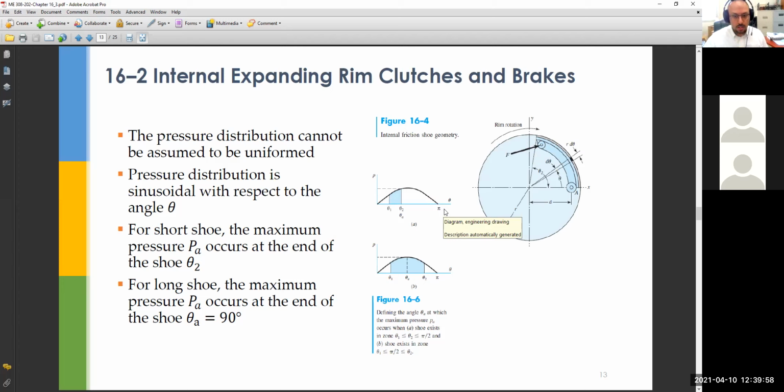So that's one. The next thing is to have the pressure, where is the maximum?